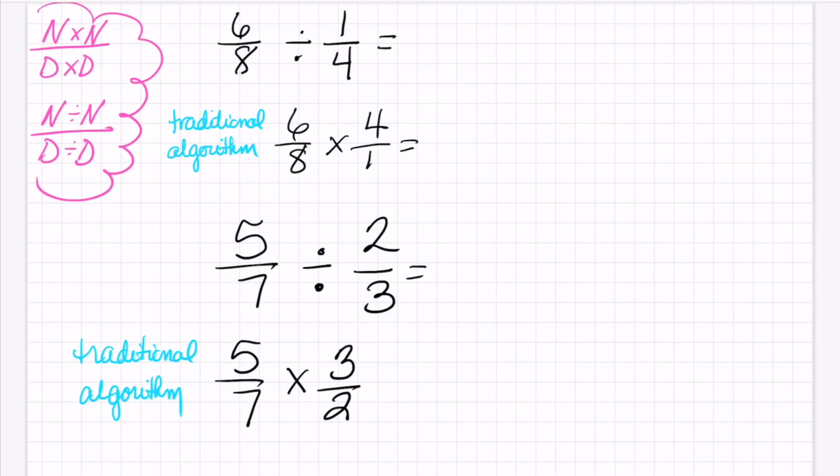What if we just did the same thing with division that we did with multiplication? I'm going to start with an easy example with numbers that really work. If I have 6/8 divided by 1/4, could I just divide straight across? Then we're going to check and see if it's true. 6 divided by 1 is 6. 8 divided by 4 is 2. And I know that this is improper. It's 3. If you're stuck on improper fractions, we can help you with that.